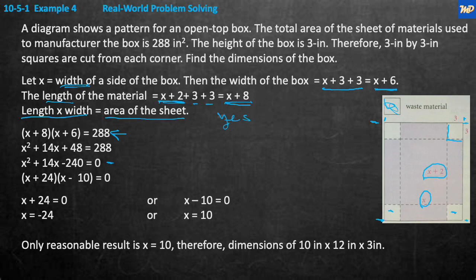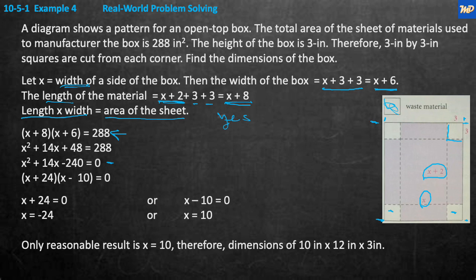You just pick the easy one to start with. Somehow in your mind you can see a 14 real easily right there. So the first thing you would naturally do is jump to 24 and 10 for the 240. And again, we know that the C term is negative, so that means we have a positive and a negative term.